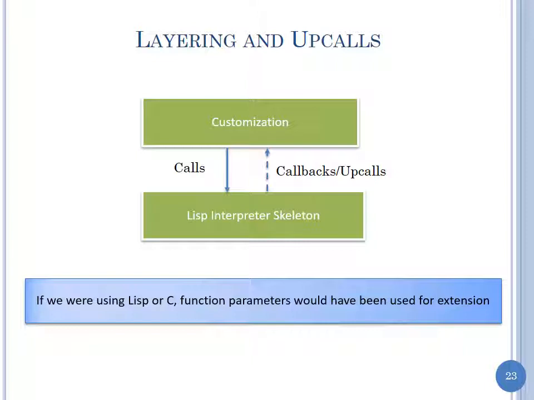So had we not had dynamic dispatch and interfaces, and had we relied on a different kind of Lisp interpreter, then we would have used different mechanisms to extend. Yeah. Header files are a form of interfaces. Indeed. But you would still have to pass the functions to the Lisp interpreter at runtime.